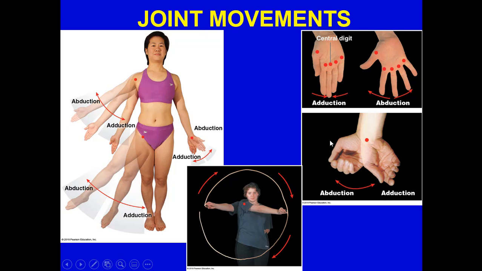Abduction is moving away from the central axis. Adduction is heading toward it. Again, let's look at the central digits here. If this is the central digit and we're talking abduction, adduction with the fingers, if we bring them all close together, that's adduction. If we spread them all apart, that's abduction.